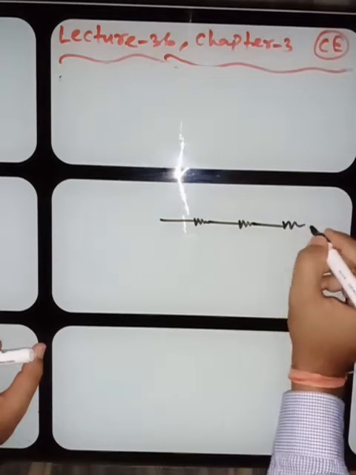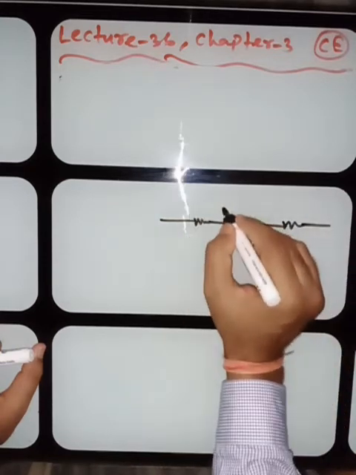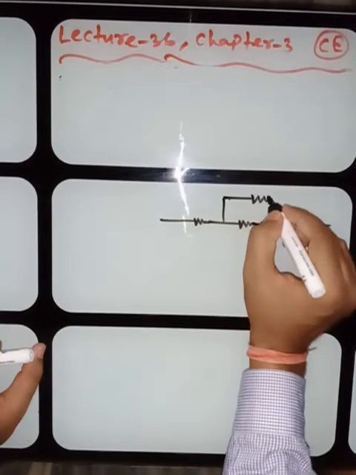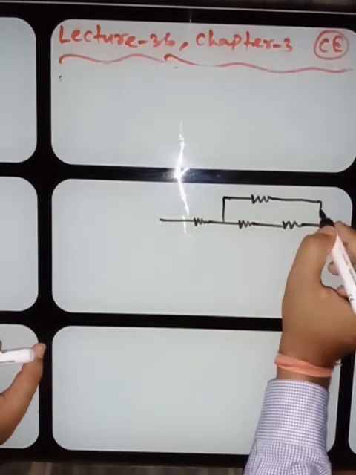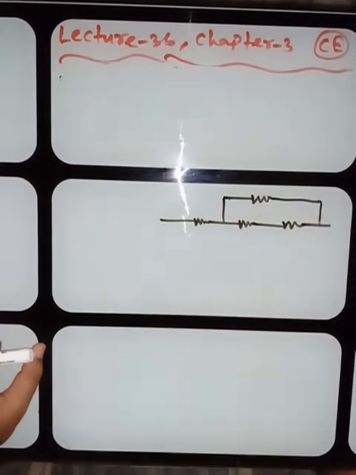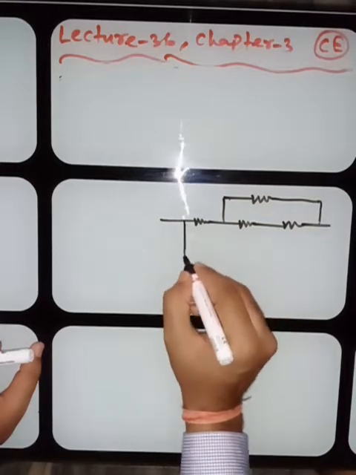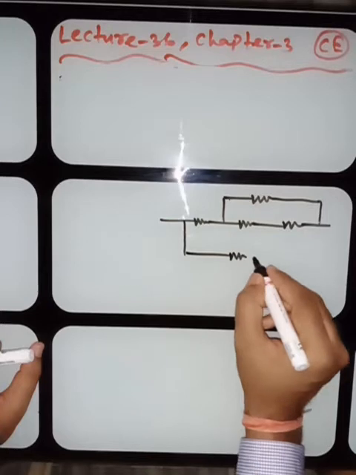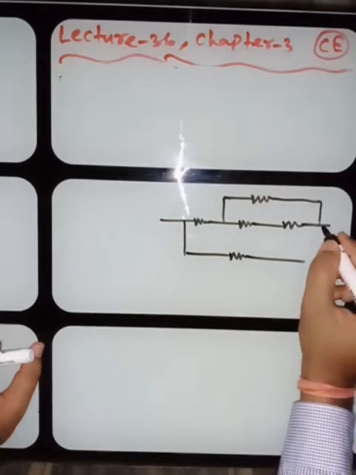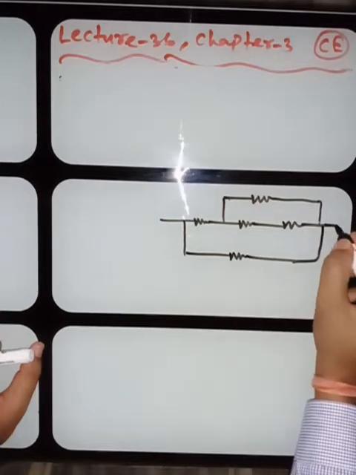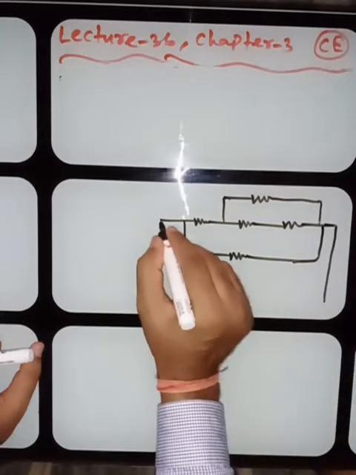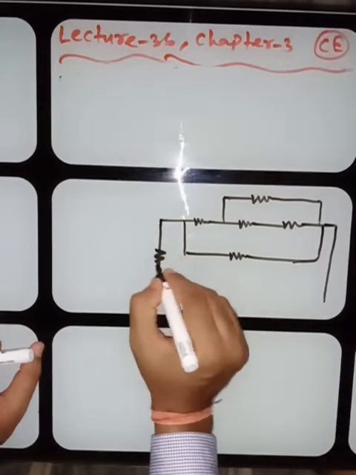Suppose another resistor. Here the one resistor has been connected from above. Another resistor I am connecting from here. Now the circuit is being completed.